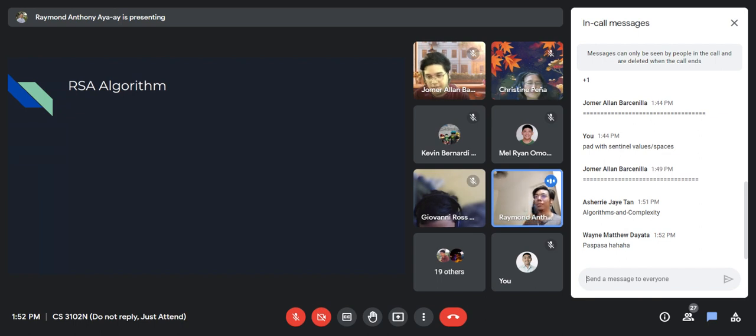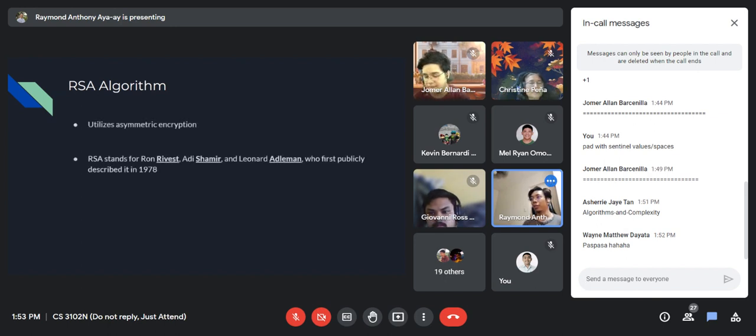My name is Raymond, and I'll be talking about our last cipher, which is the RSA cipher. The RSA algorithm utilizes asymmetric encryption, which requires two keys, a public key and a private key. RSA comes from the first letters of the surnames of those who described the algorithm: Rivest, Shamir, and Adleman.